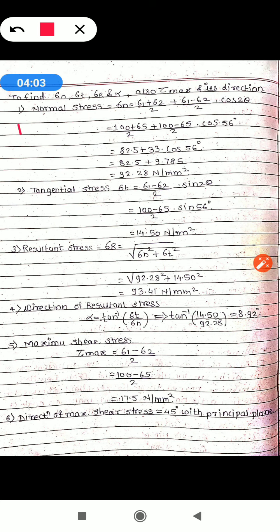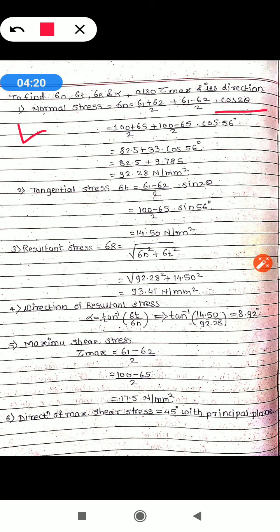First, the normal stress. The formula is sigma n equals sigma 1 plus sigma 2 divided by 2 plus sigma 1 minus sigma 2 divided by 2 into cos 2 theta.